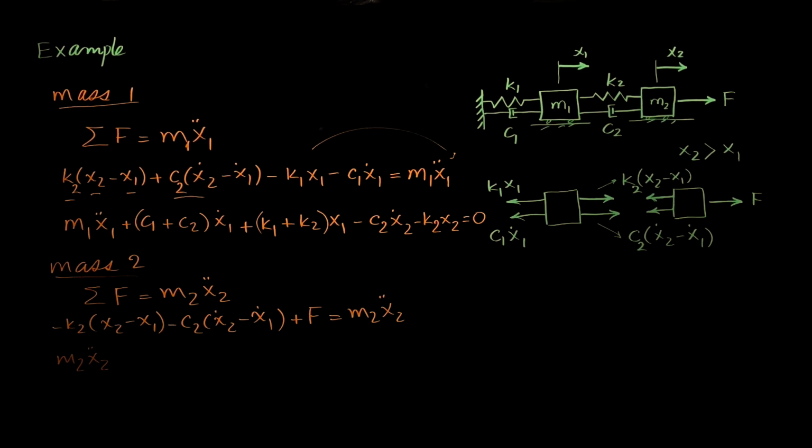and then for the x1 dot term I will have minus C2 x1 dot, and I will have minus K2 x1, and then I will have plus C2 x2 dot, and plus K2 x2, with this minus going to the other side.